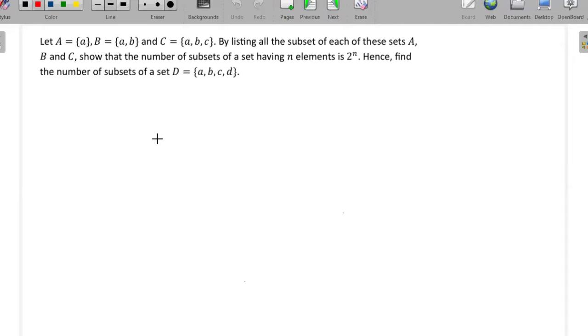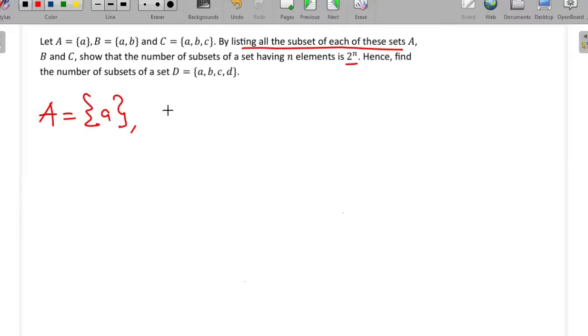Okay, so the first set that they have given us is A. So I'll write set A here. Set A has only one element. So now when I look at this set A, how many subsets does it have?